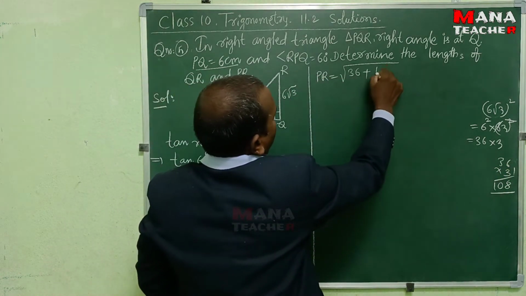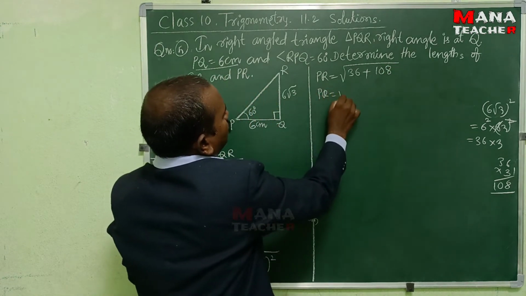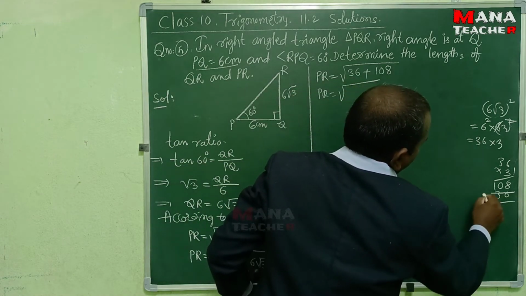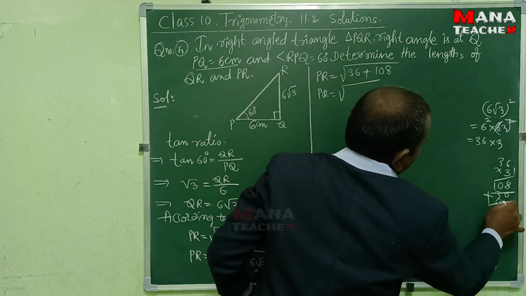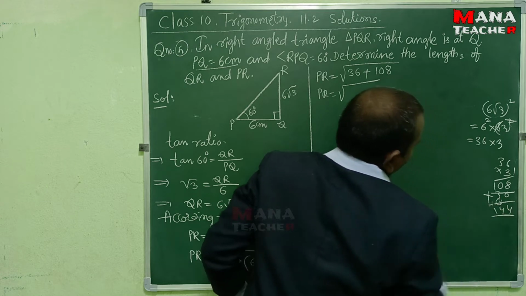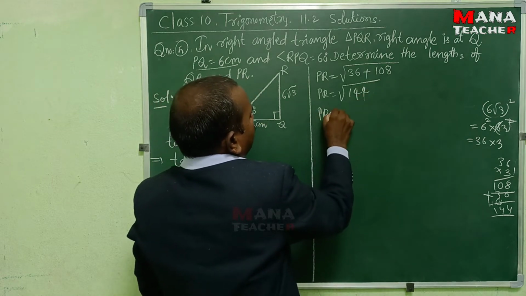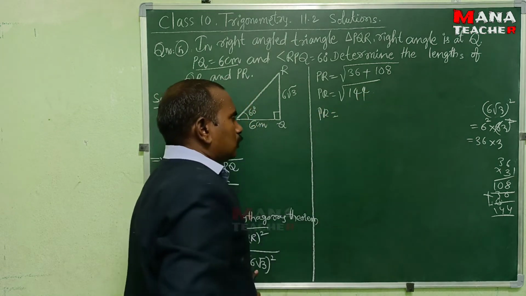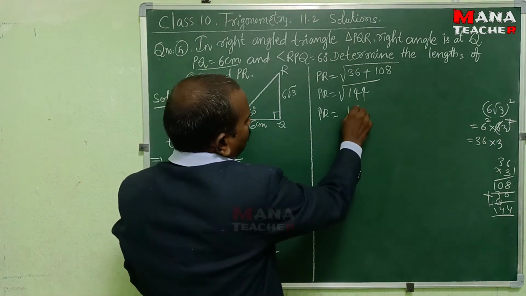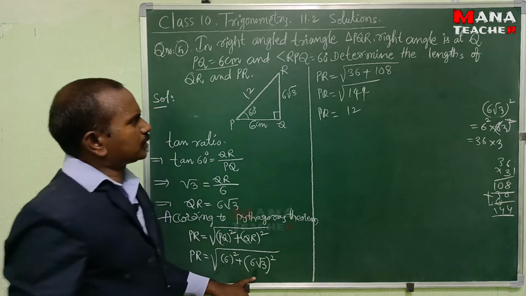Plus 108. Now PR equals under root of 36 plus 36, 144. So PR equals square root of 144, which is 12. Now PR is 12 centimeter.